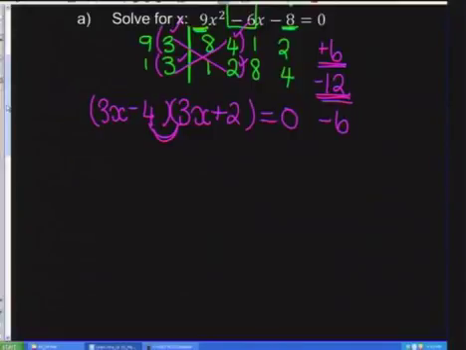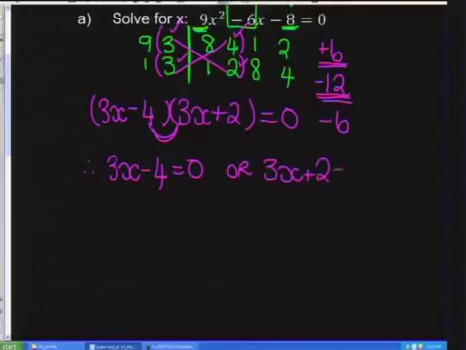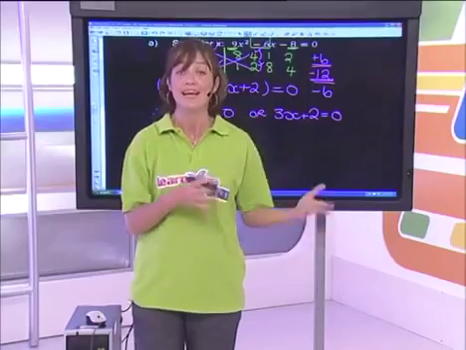Right, so now that I've factorized the left-hand side, what we're going to do is take each bracket, so 3x minus 4, and make it equal to 0. Or I'm going to take the other bracket, which is 3x plus 2, and make it equal to 0. And then I'm going to solve. Now what's happened is we've created 2 linear equations.